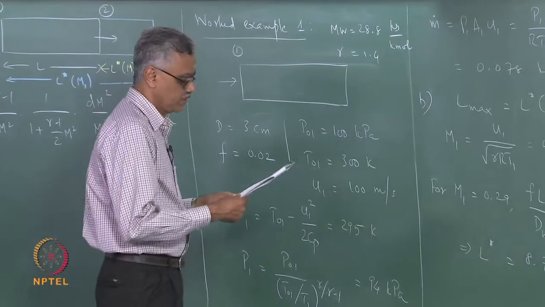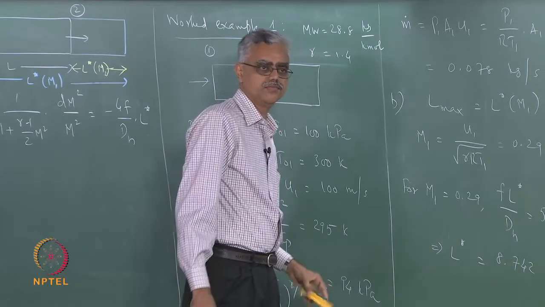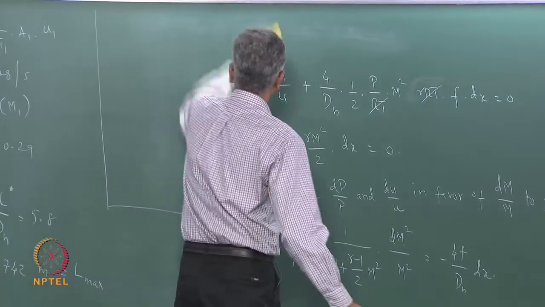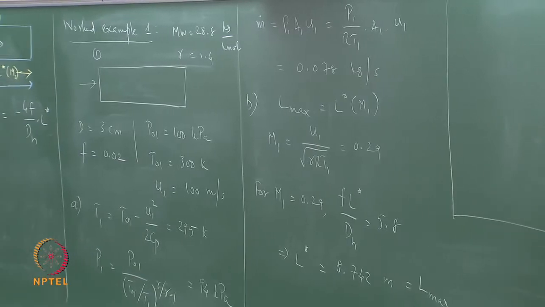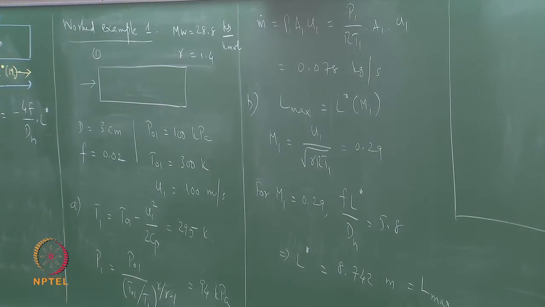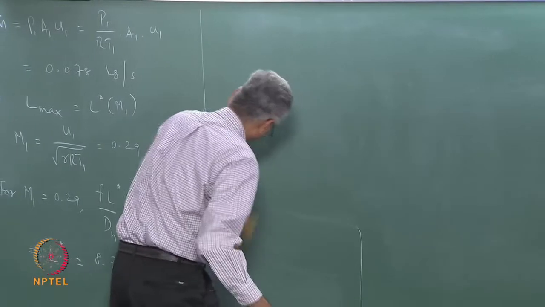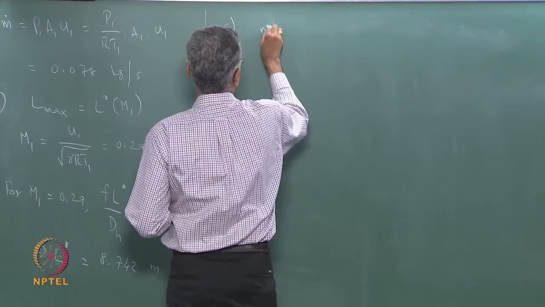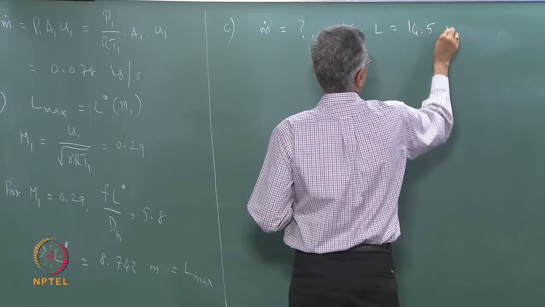Okay. Part C of the question says, what would be the mass flow rate if the length of the pipe is 14.5 meters, more than this maximum value, that is part C. So, part C, m dot equal to what if L is equal to 14.5 meters.